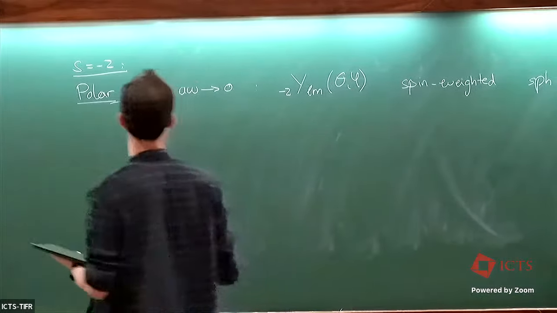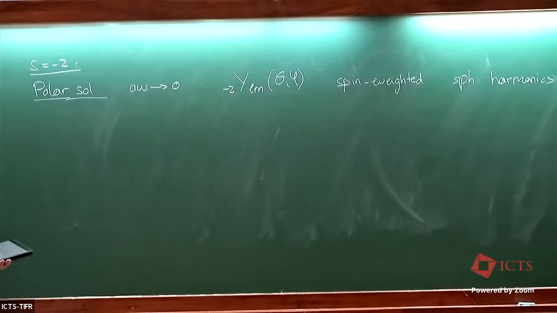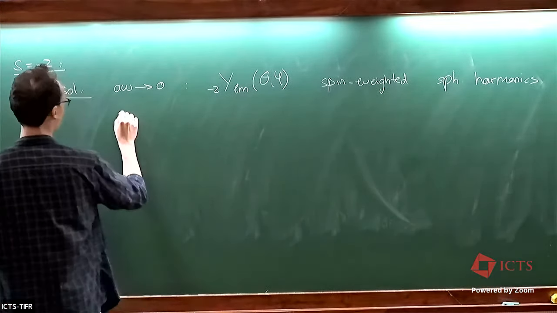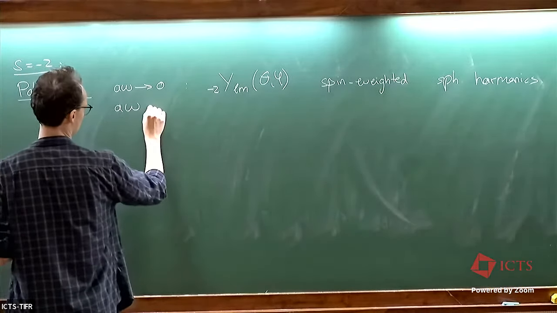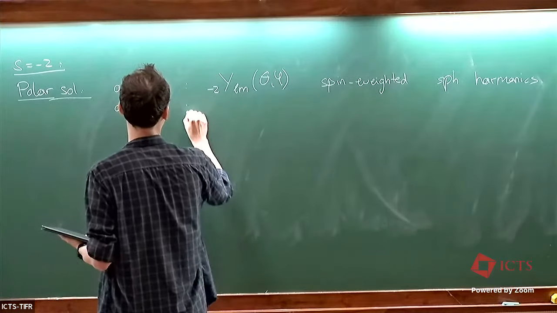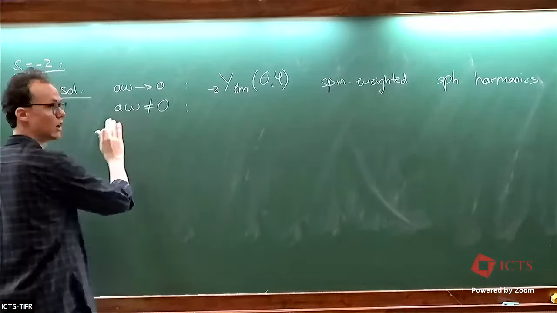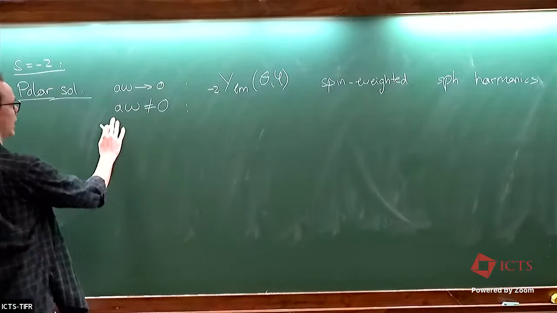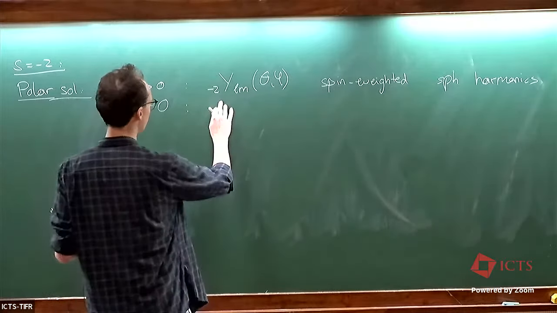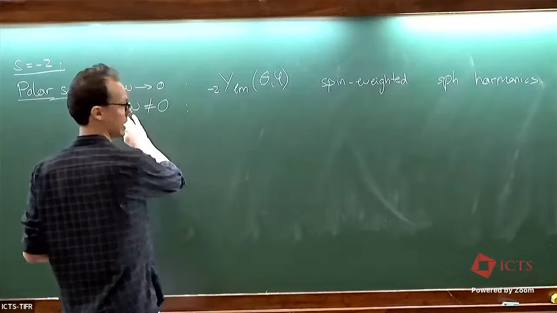Okay? But this is only the case for this combination a omega equal to 0. And so for a omega non-zero, you get a family of solutions for each a times omega. You get a slightly different solution. And the solution will always reduce to these spin-weighted spherical harmonics for zero a omega.